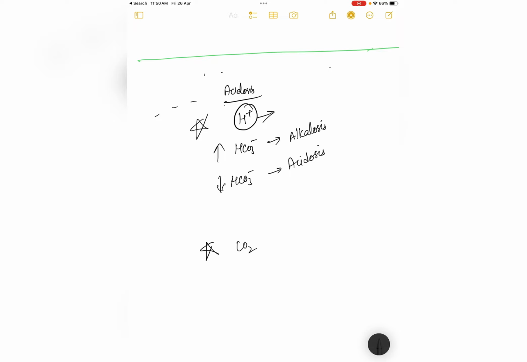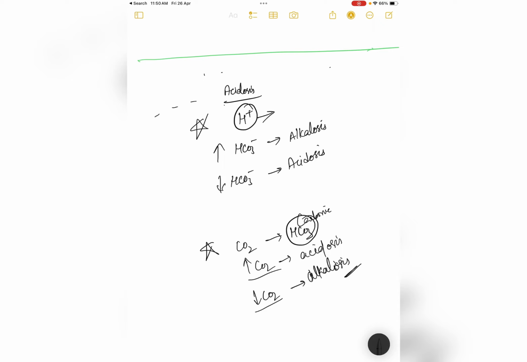This we already know. Just see carbon dioxide in the body. It can form carbonic acid. So high carbon dioxide is nothing but acid. Low carbon dioxide is nothing but alkali. High carbon dioxide is acidosis, low carbon dioxide is alkalosis.